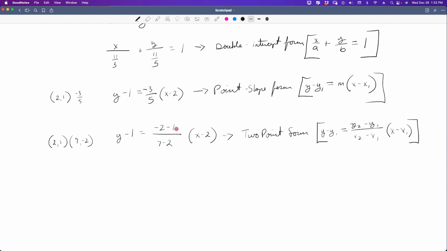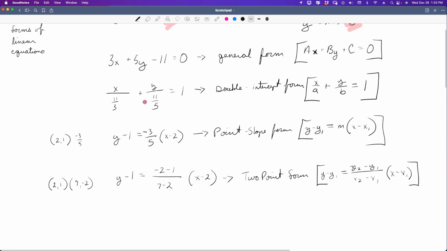Right? Okay, so you can see where all the parts are. So this is your y, and this is your x, your y and your x point, and then you're figuring out the slope here. So once you do this math, you're back here to the point slope form, right? So there you go. Those are all the different forms that we have.